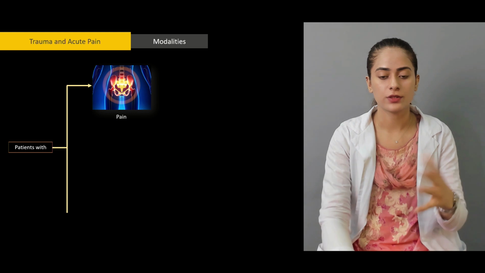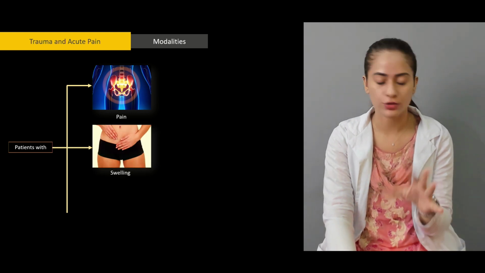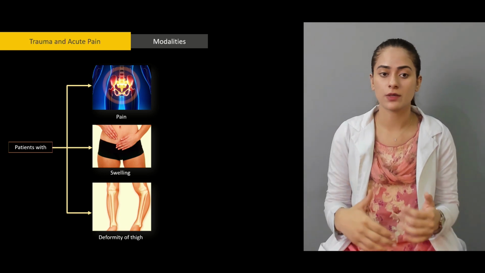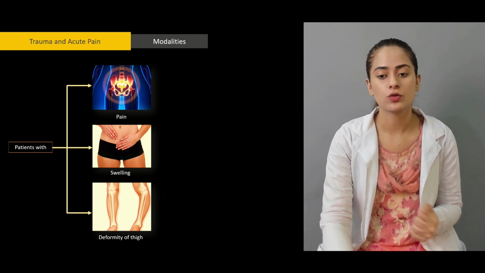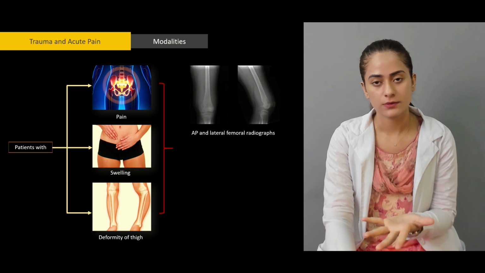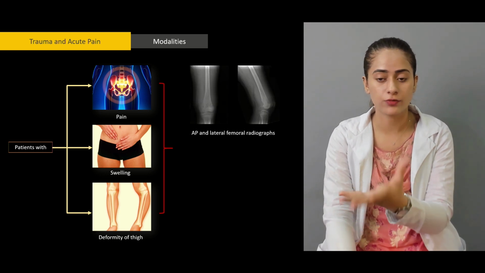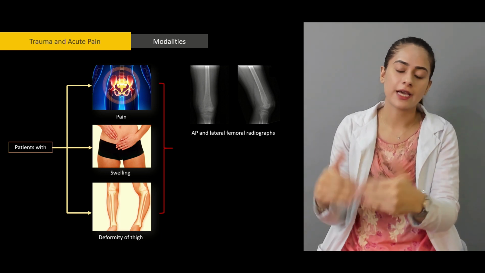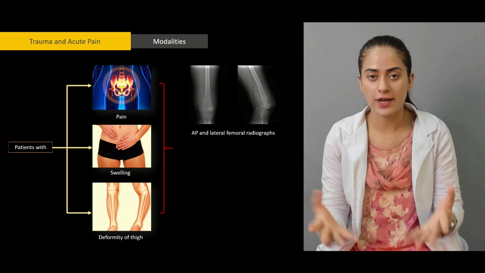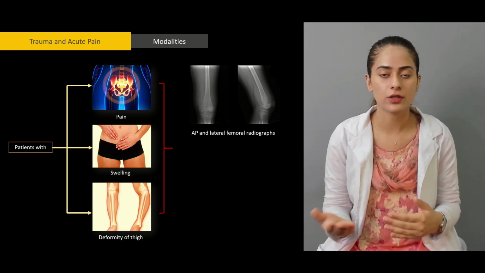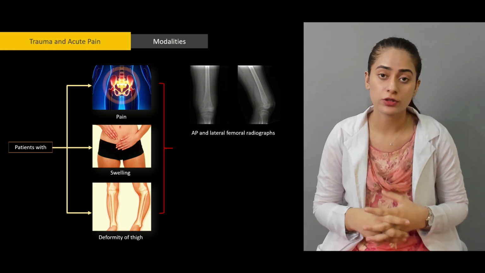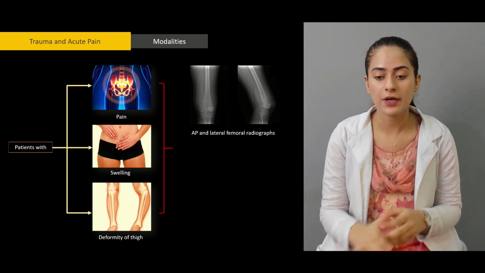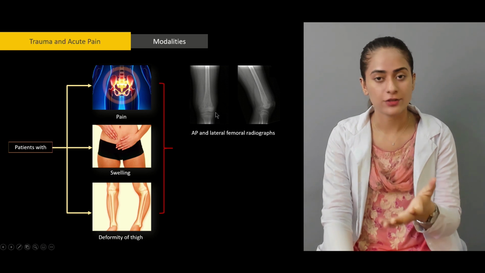If someone presents with pain, swelling, or some deformity as a result of trauma, then we move to radiology, where we look to diagnose the fractures, any displacement, or any underlying impairment that has resulted because of the trauma. So we do X-rays first.